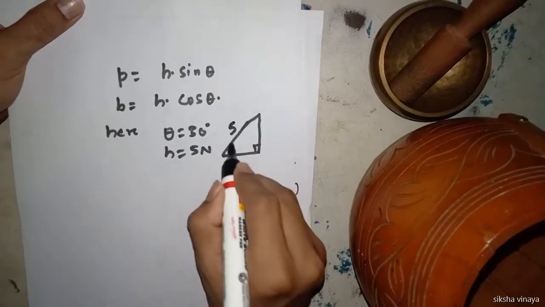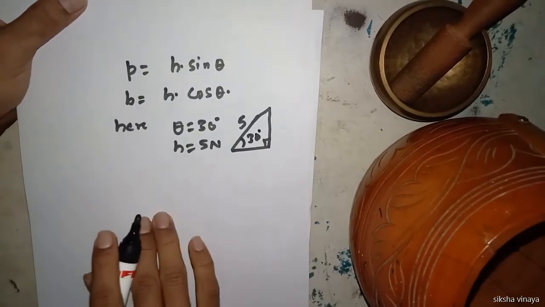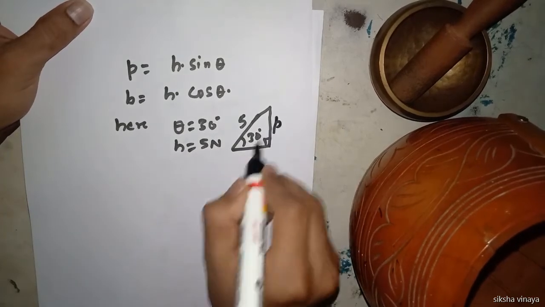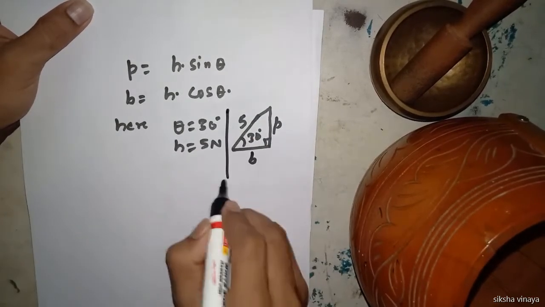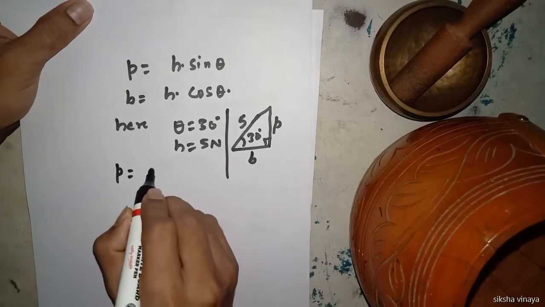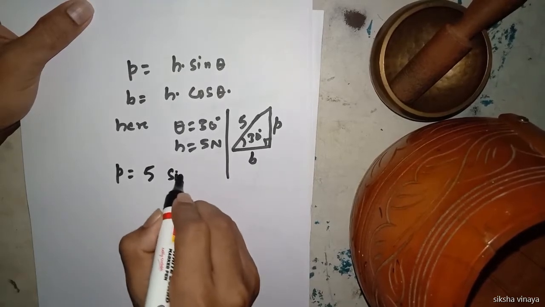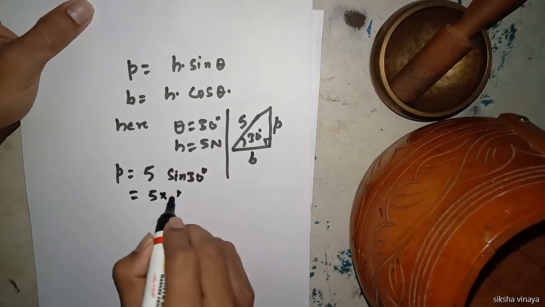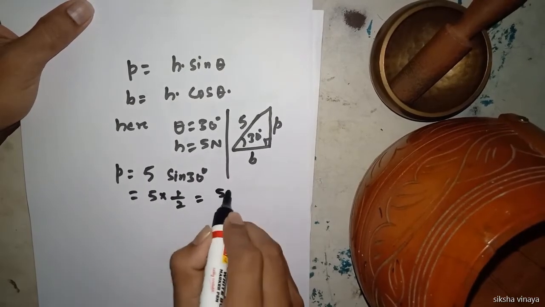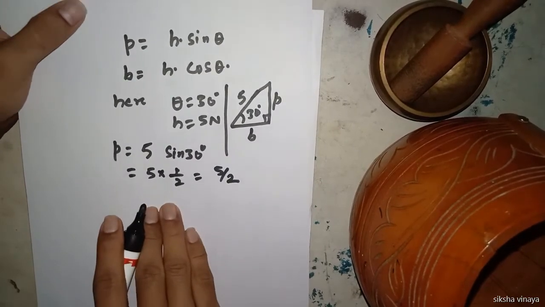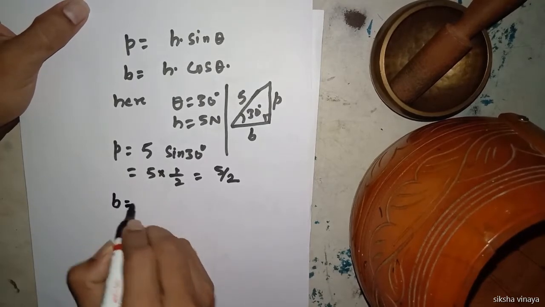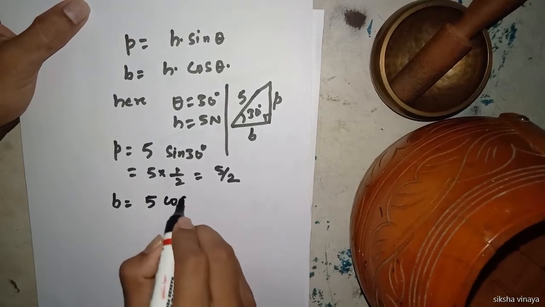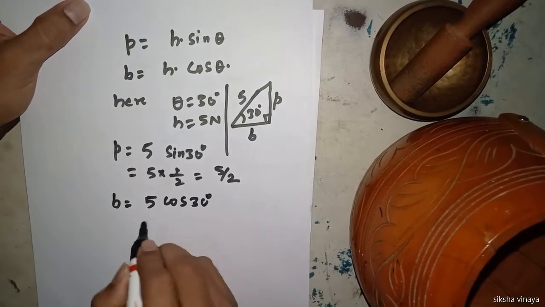Have you got my point? So P is equal to 5 sine 30 degrees. If you remember, the value of sine 30 degrees is 1 by 2, so 5 by 2. And now B is equal to 5 cos 30 degrees.